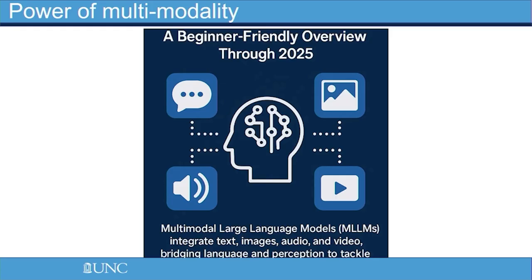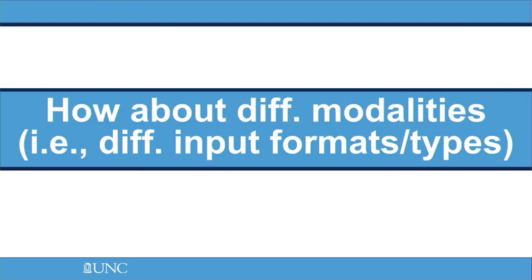But with the explosion of AI, multi-modal language models, we have realized the power of different modalities. Here, by modalities, I don't mean different omics data, but rather different formats, different forms, like text, audio, image, video, all those types of things. So I just started thinking, why don't we do that?